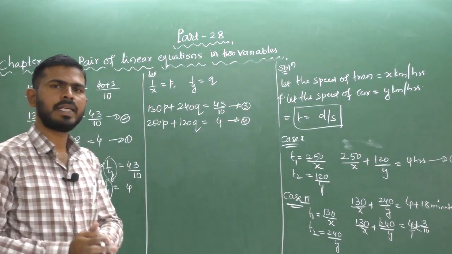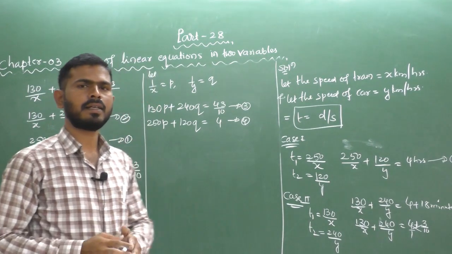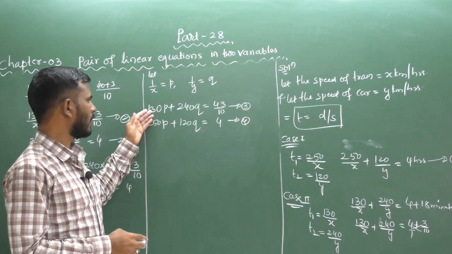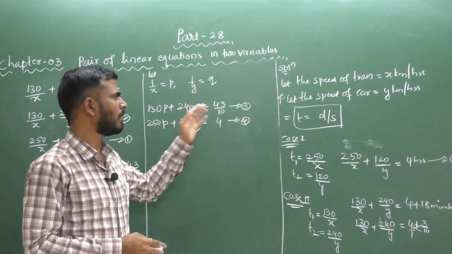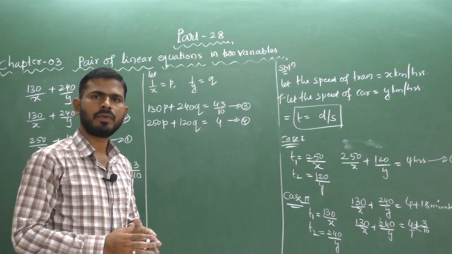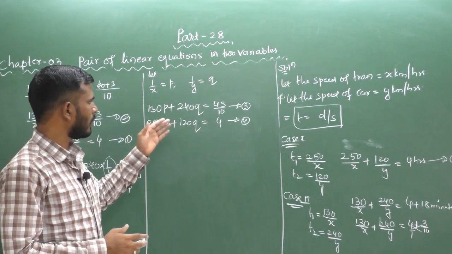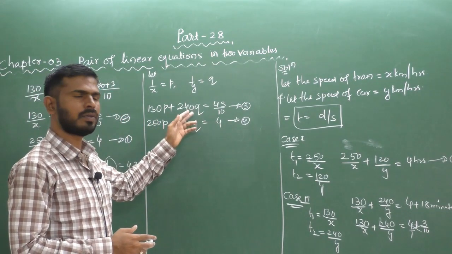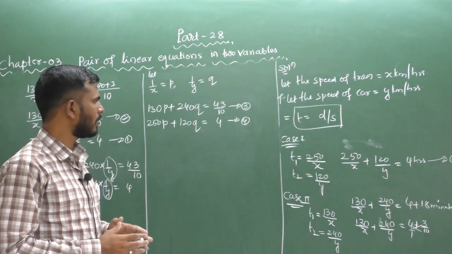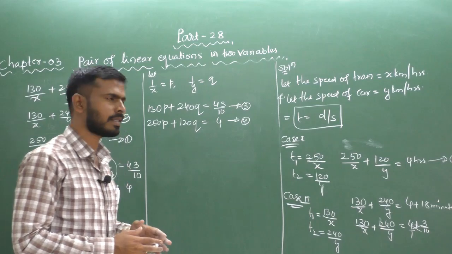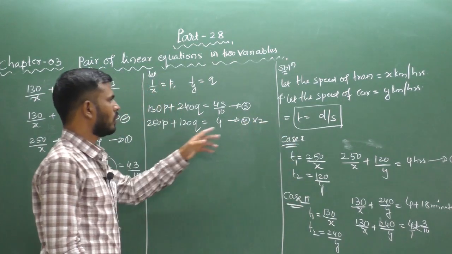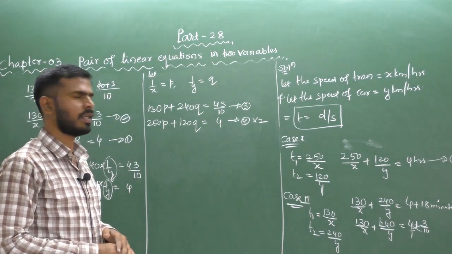Now you want to eliminate any one variable, so you will get the remaining variable. We have 130p plus 240q equal to 43 by 10, and here 250p plus 120q equal to 4 is given. Suppose I want to eliminate the q term; this also has q and this also has q. To eliminate the q term, you just have to multiply the second equation by 2.